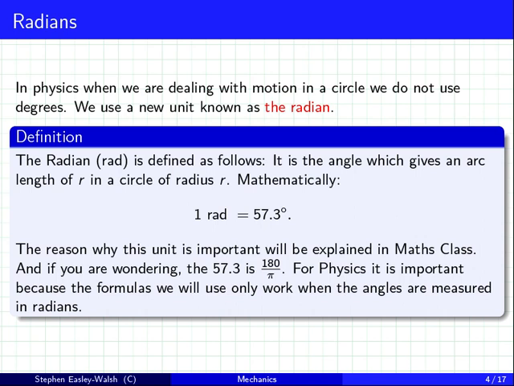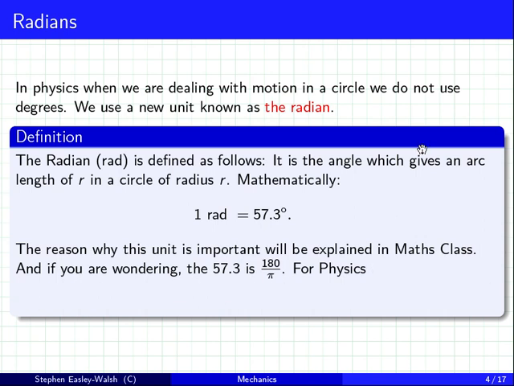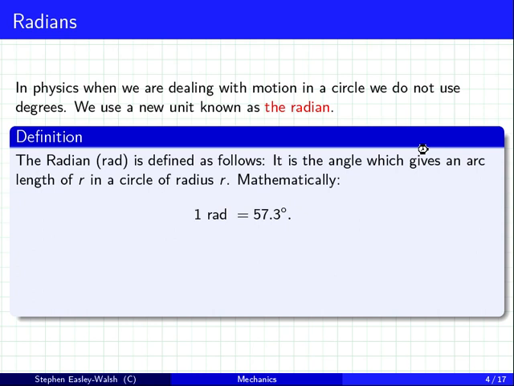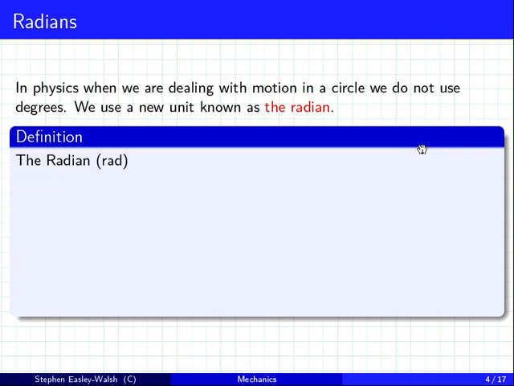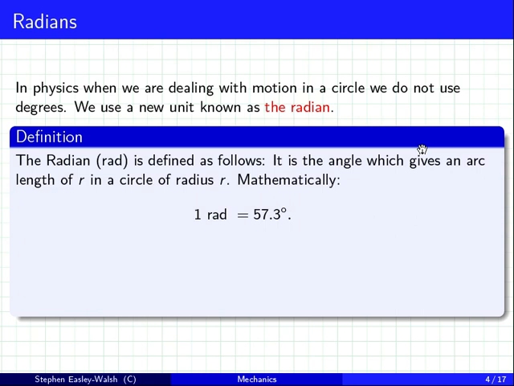So very shortly I'm going to give you formulas, but they will only work if the angle is in radians. Now, I don't think you need to write down the last paragraph, but you certainly need to write down this definition. I've seen them ask this in the exam.